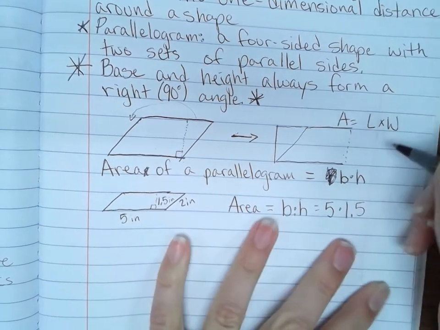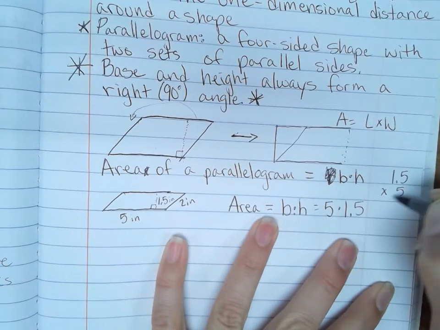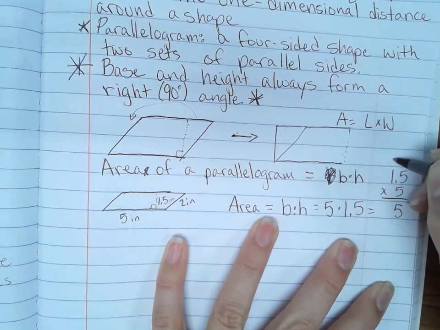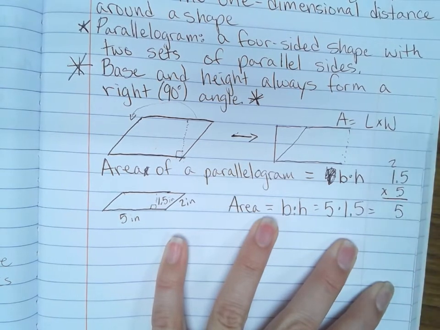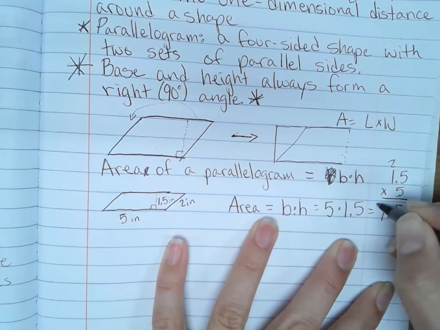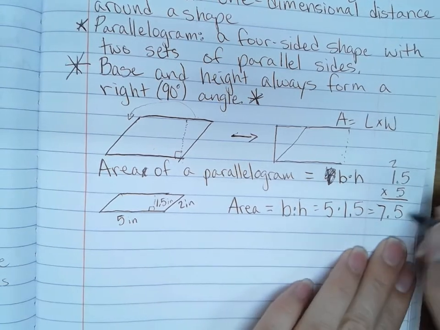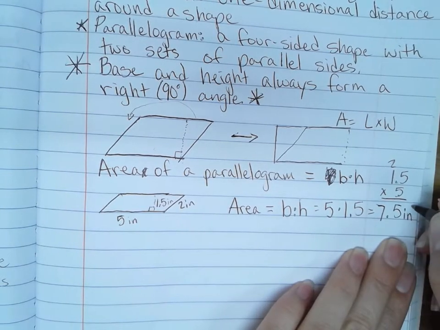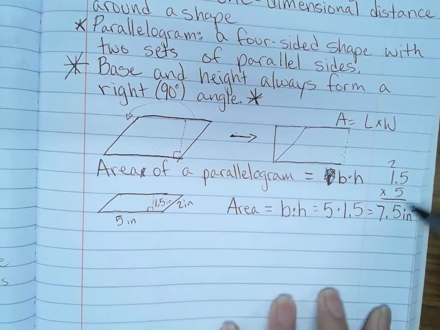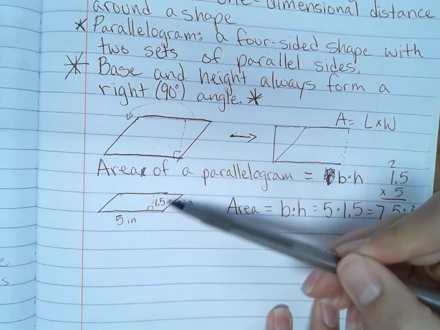So if I do 1.5 times 5, I get 25 there, regroup 2, 5 times 1 is 5, plus 2 is 7, 1 place behind the decimal. Okay, 7.5, but I need to write inches squared. We're talking about the area that fills up the inside space.